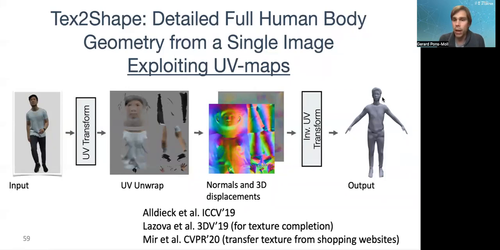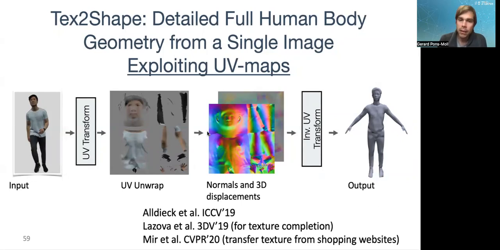When you want to render with very high resolution normals, you can just look up the normals in this image, which is much more efficient in terms of data structure than storing the normals on the mesh, because you would need a very high resolution mesh to store all the normals. So essentially you can think of a UV map as a convenient data structure.